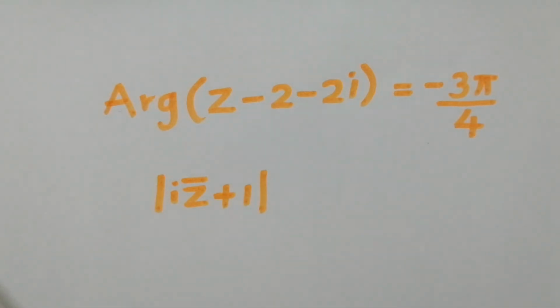First, we should sketch the complex number z in the Argand diagram. Before that, we should make it in the form z minus z naught, what I have explained in the above part.